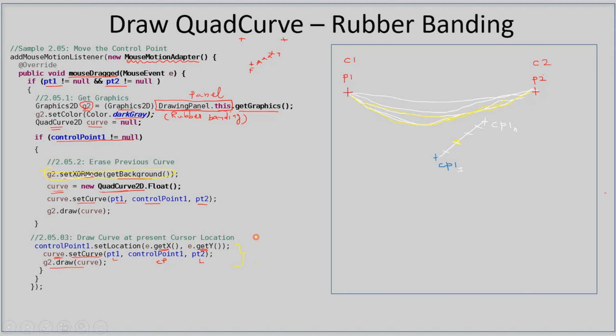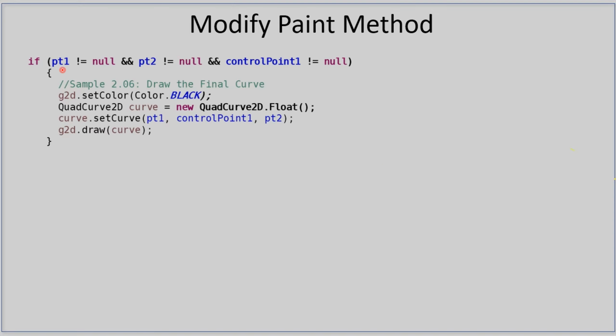Alright, now we will go ahead and draw this curve. We need a modification in the paint method as well. So in the paint method, we already have code to draw control point 1 and point 1, point 2.